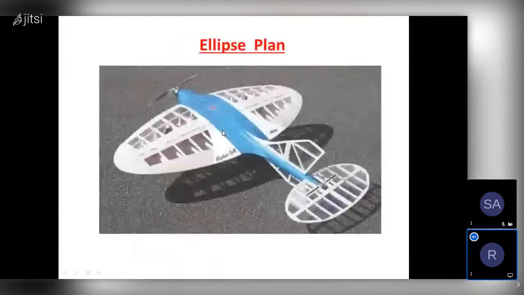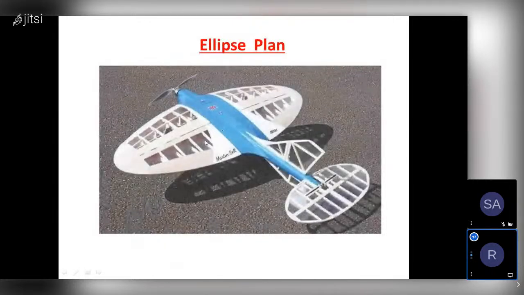So why are we focusing on this component? Because we will build some models like an ellipse plane. For that purpose, we have to know about the ellipse, because we even have aircraft like elliptical planes, or we may design such kinds of aircraft just for hobby purposes.